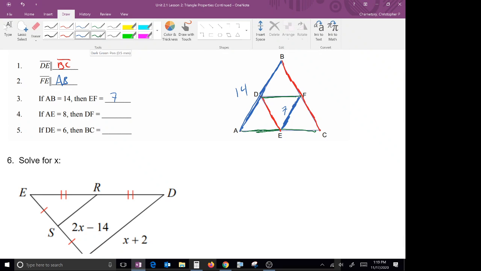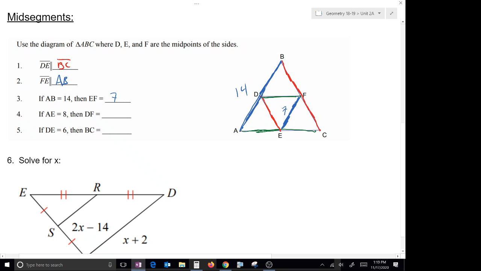Next question. Okay, it gives AE is 8. So remember mid-segment, we make that by connecting midpoints. So if that's 8, that means that EC is also 8. And the entire length here is 16. And that means that DF is going to be half of that, so that is 8 as well.